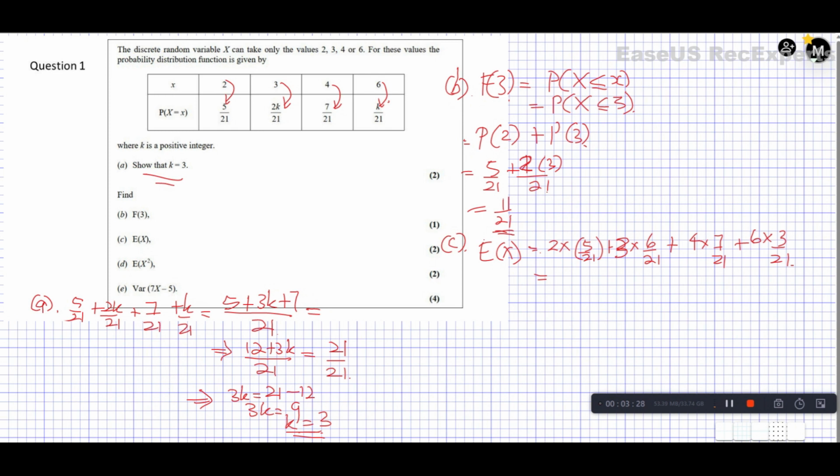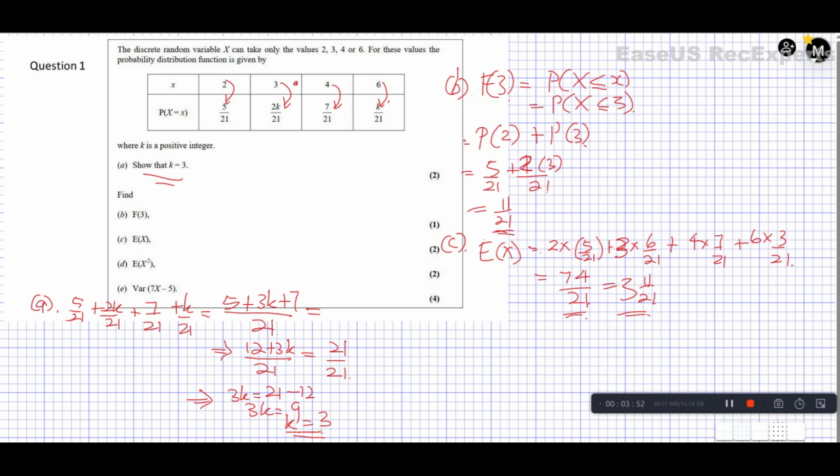Use the calculator. I've already done this and got 74 over 21, which is the mixed number 3 11 over 21. So the average is about 3 point something.